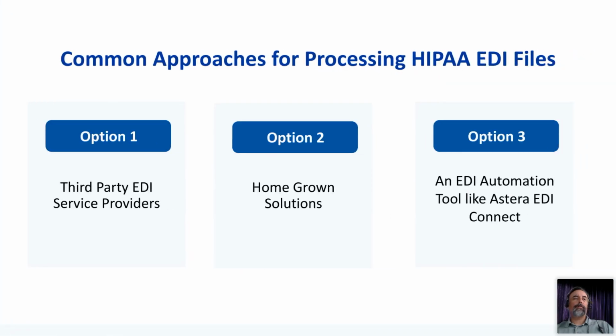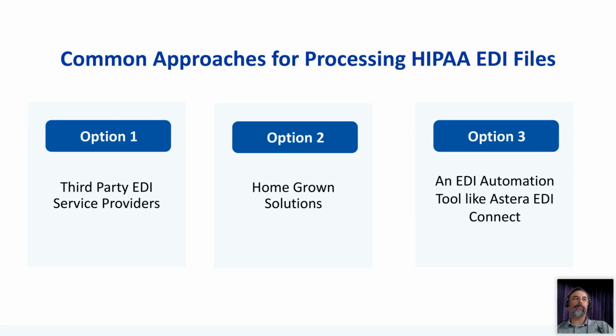Okay, so this is a good segue into this next slide, where we're talking about common approaches for processing HIPAA EDI files. So option number one is you just outsource it to somebody else. You don't worry about the EDI message processing yourself.